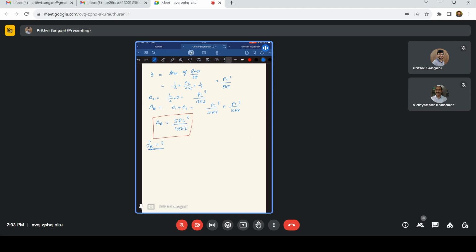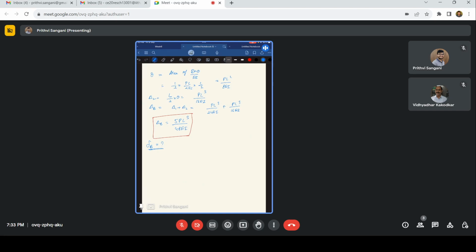This is L. So delta B is going to be half VBL times L times 2 by 3 L. So this is going to be VBL cubed by 3EI, the M by EI diagram, right?